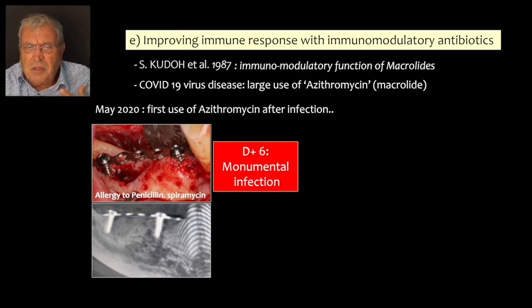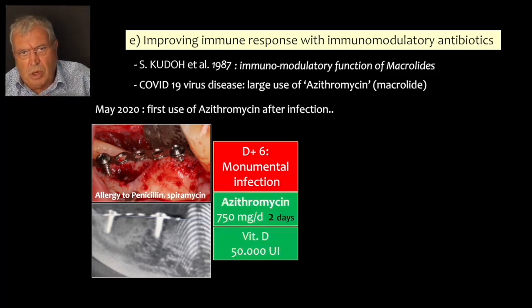A lot of pus, pain, swelling, everything is bad. So the surgeon called me to get advice, and I said, don't touch, please. Give him just 3 pills of azithromycin today and 3 tomorrow. That's it. And then we will control the patient in 2 days.